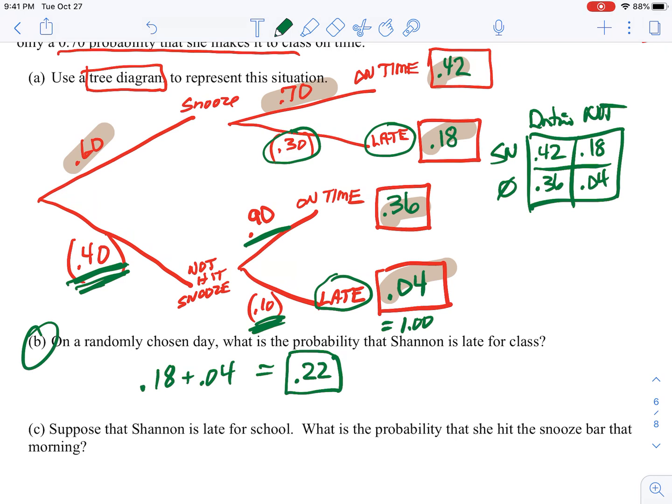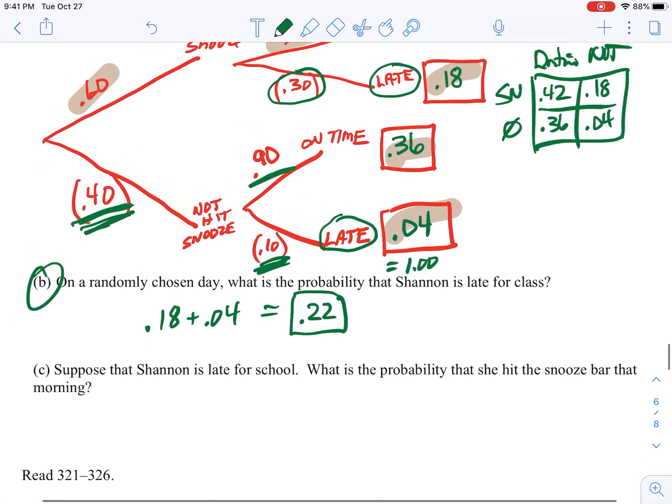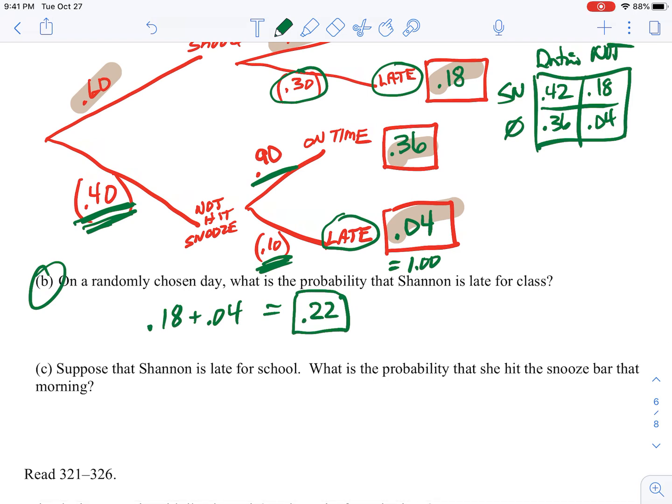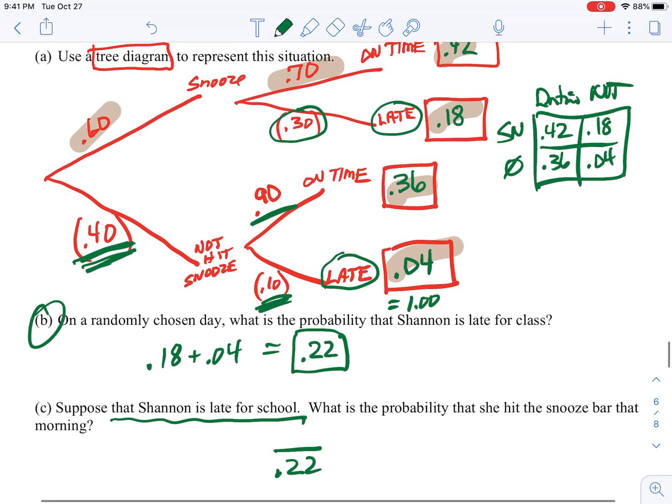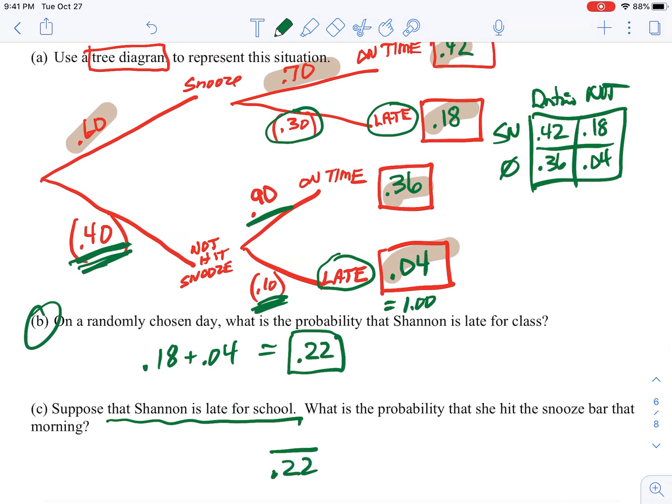Now, here's one that's a little bit more complicated. Suppose she is late for school. What's the probability that she had hit the snooze button that morning? Well, it turns out that we just did the first part. How often is she late for school? She's late for school 22% of the time. And out of that 22% of the time, how much of that was after she hit the snooze button? Well, we go up to our table here. It was the 18%, wasn't it?